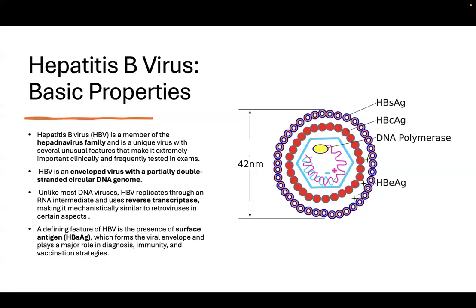From its DNA it's going to produce RNA, and then this RNA is brought back to DNA. So it has a polymerase with DNA-based polymerase action, and also an RNA-based one. It's able to take this RNA and bring it back to DNA. So it's quite unique in that sense.